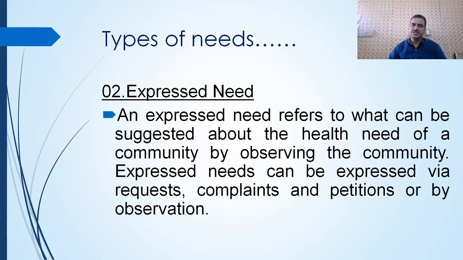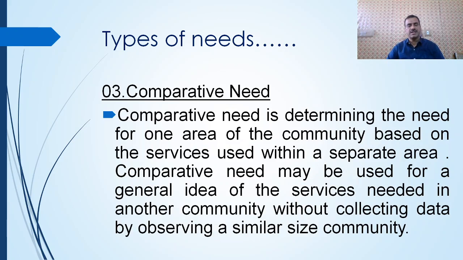Second is expressed need. An expressed need refers to what can be suggested about the health need of the community by observing the community. Expressed needs can be expressed via request, complaints, petition, or by just observation. Next is comparative needs.